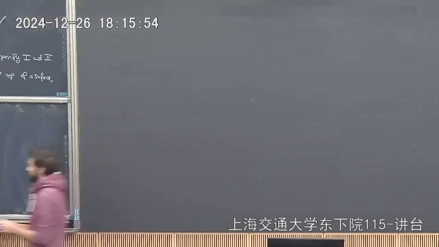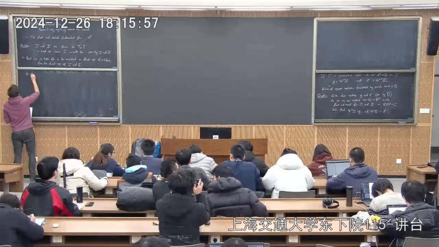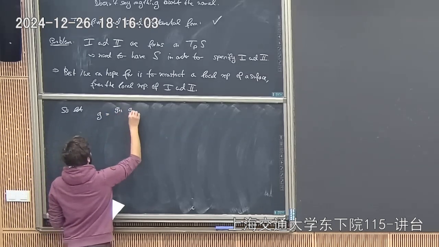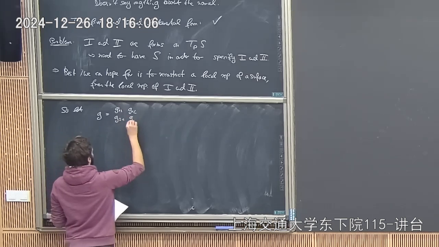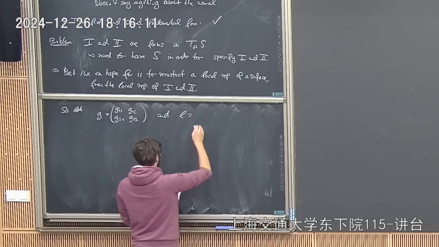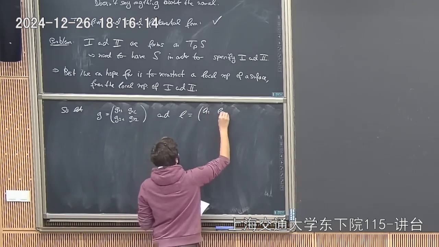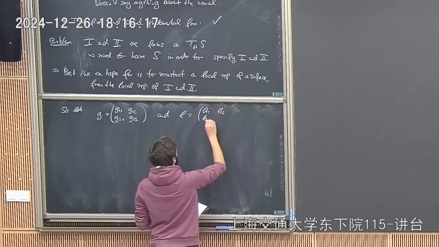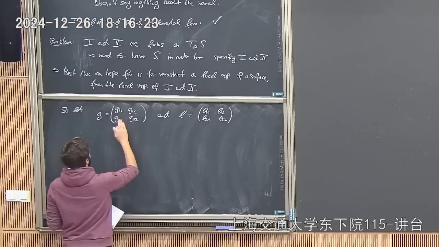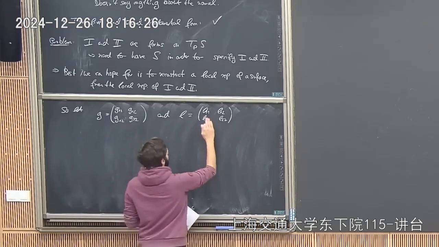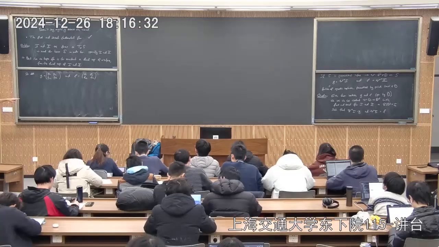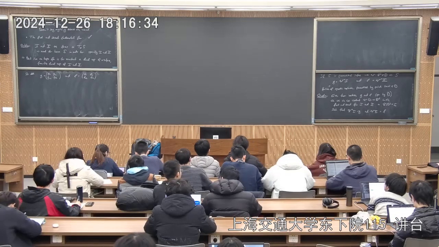So let's assume that we start with G and L. We can already assume that they're symmetric, because otherwise there's not much sense: the first and the second fundamental form are symmetric, and if you pull back, you still get something symmetric.